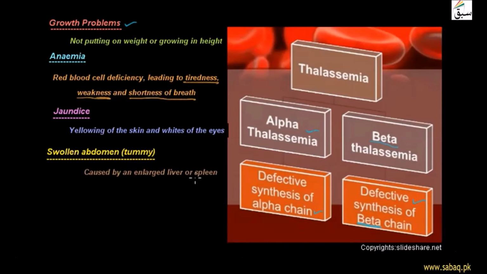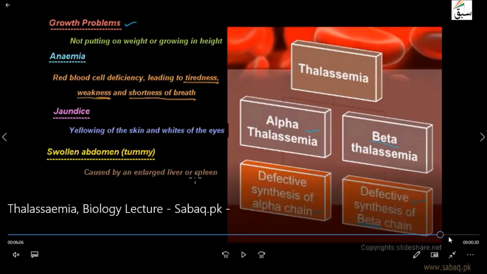So when they are broken down, as I told you about splenomegaly, at a faster rate, and the new RBCs are not formed at that faster rate, you will have more broken pieces of RBCs in the liver and spleen, and hence it will result in the enlargement of both of them. And when they are enlarged, obviously the outer surface, that is your skin, will be enlarged, and it will show in the form of swelling of your abdomen or tummy area.